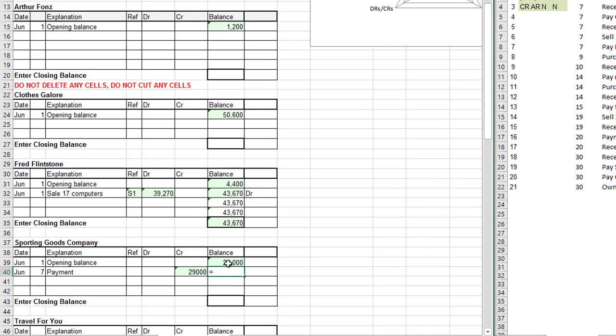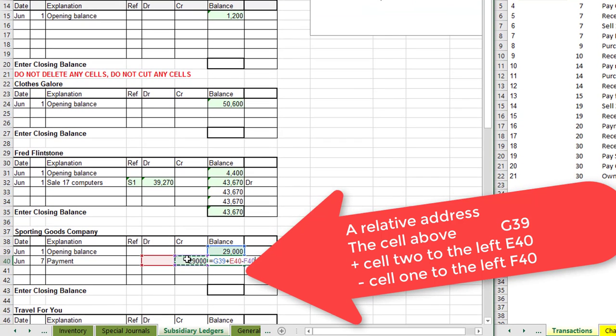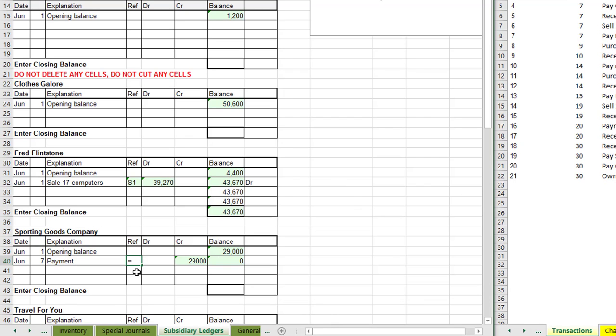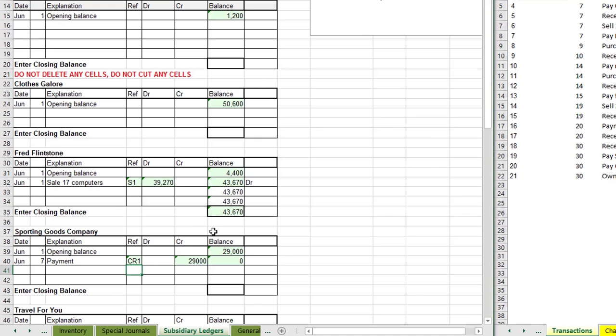29,000, do the balance, here's the formula: opening balance plus debits minus credits and equals 0. Doesn't matter whether that's a debit or a credit. The link, the posting reference, the journal reference is CR1, cash receipts 1. So that is now complete.